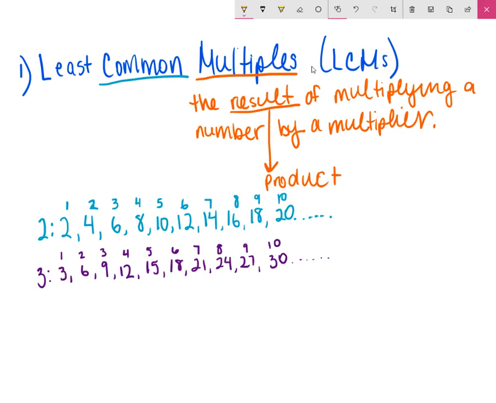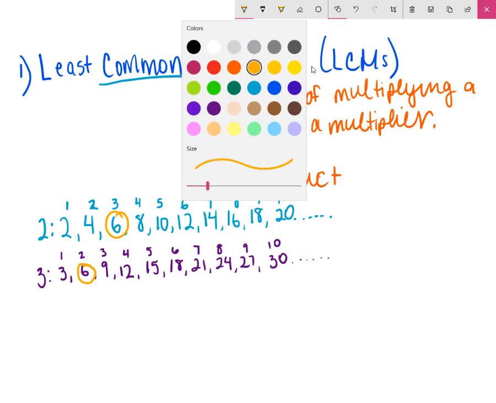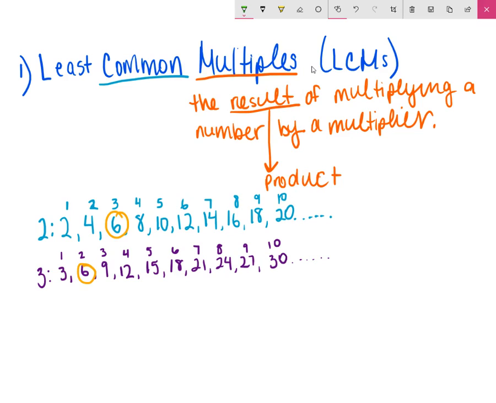So what we're going to do is start with the multiples of 2 and see if we can find that among the multiples of 3. So let's see if we can find 2. Nope, I don't see 2. How about 4? No, I don't see 4 among the multiples of 3. How about 6? Yes, I see 6 among the multiples of 3. So 2 and 3 have 6 in common as a multiple. Let's see, 8. No, I don't see 8. 10, do we see 10 among the multiples of 3?